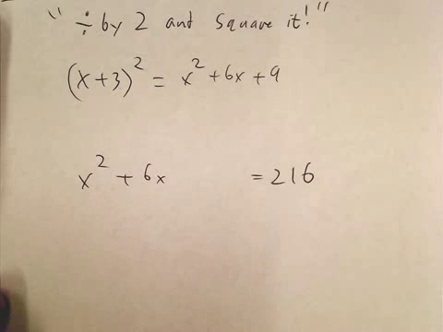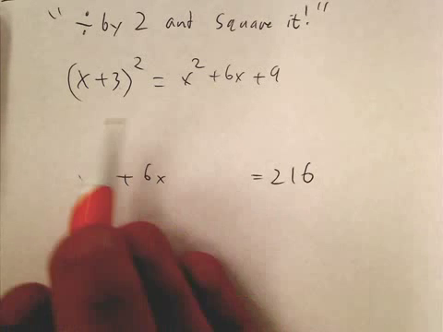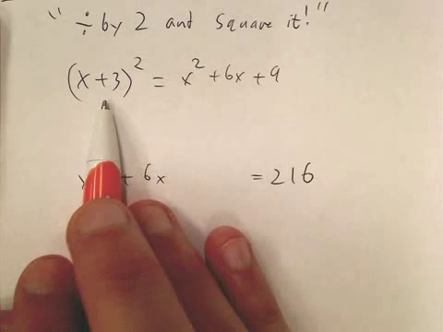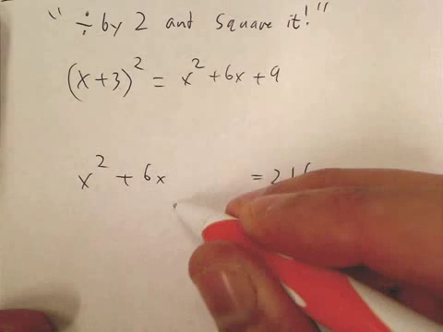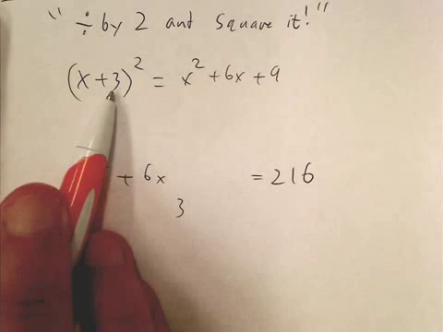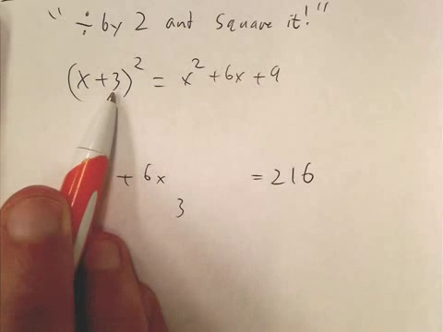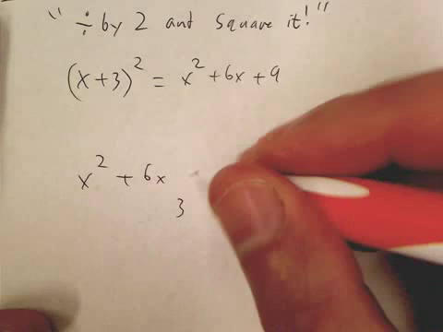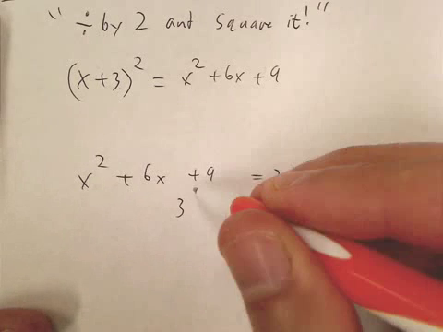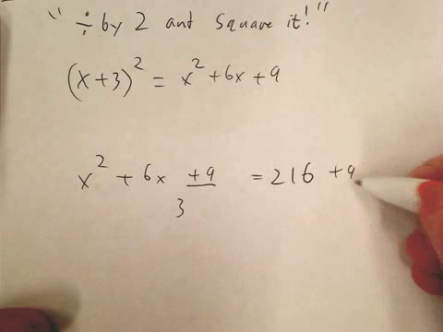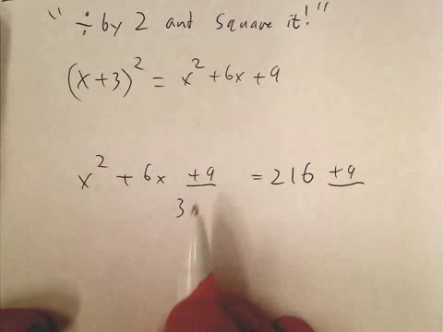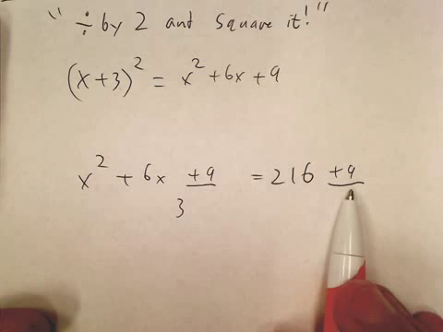So what I'm going to do is take this, and I want to make it into a perfect square like this. So I'm going to take the 6, divide it by 2, and get 3, which matches this number here. And then I'm going to square it. I'm going to write plus 9. Let me underline it, because I also have to do it to the other side. You don't have to underline it necessarily, but I'm trying to show you that's what I did to both sides of the equation.